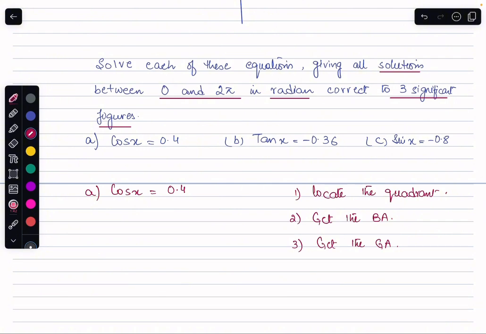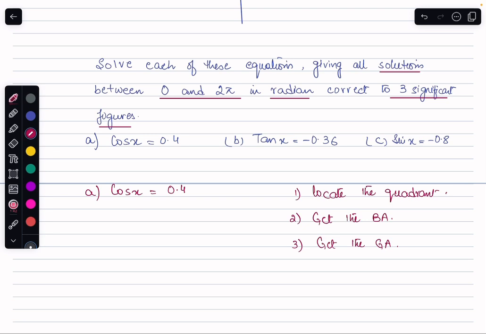Switch your calculator to the radian mode if they have asked you to solve the questions in the radian mode. This is the most basic thing that one has to do. Now cos of x equals 0.4. First thing, locate the quadrant.